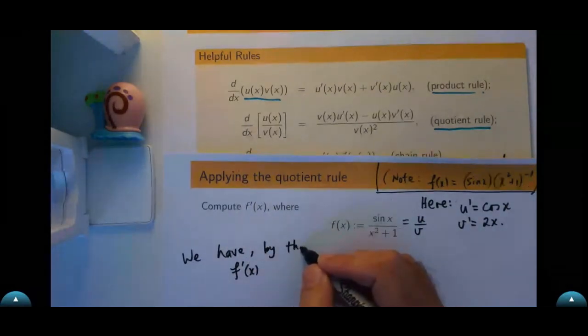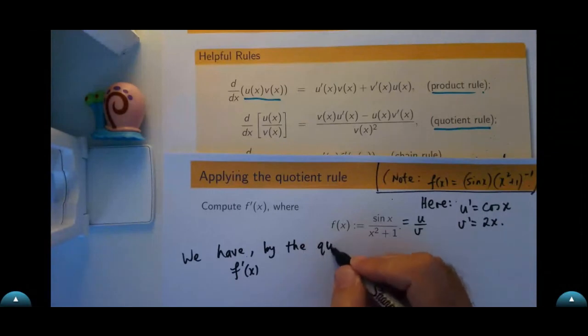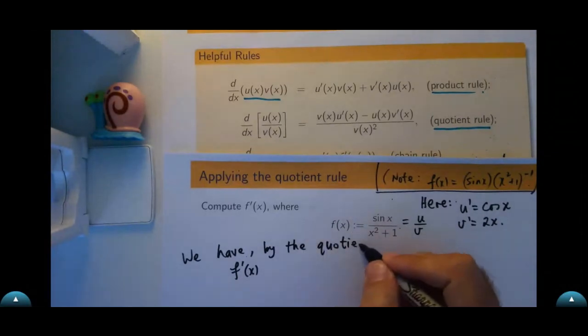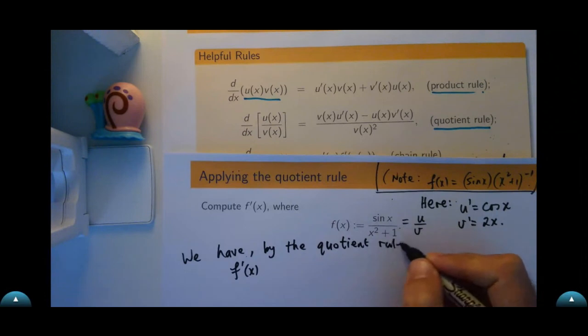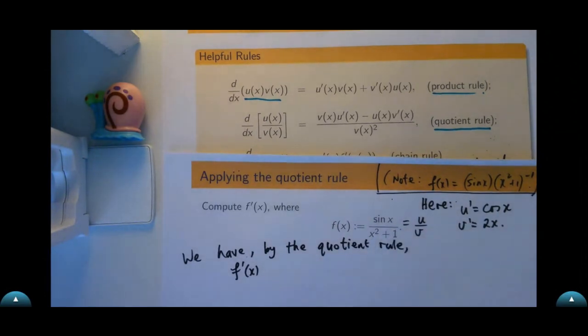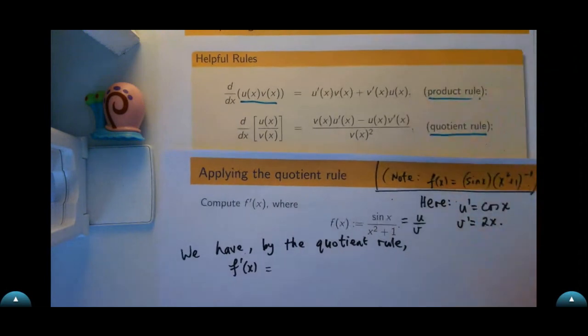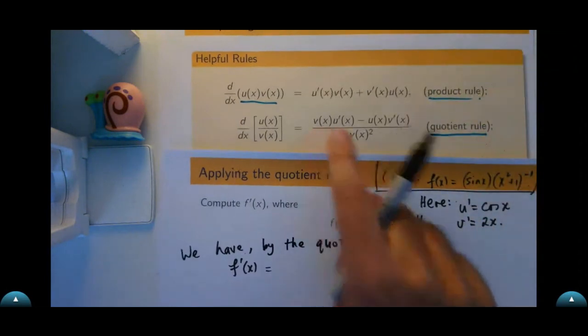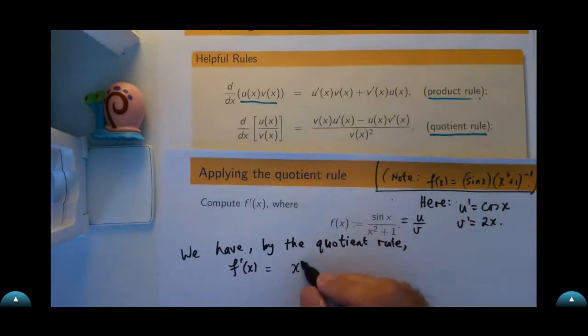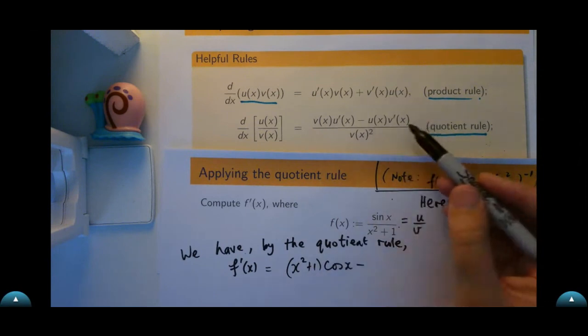So it's always good to mention the rule or the idea that you're using. So we have, by the quotient rule, it's going to be v, x squared plus 1, times u dash, which is cosine x, minus u times v dash.